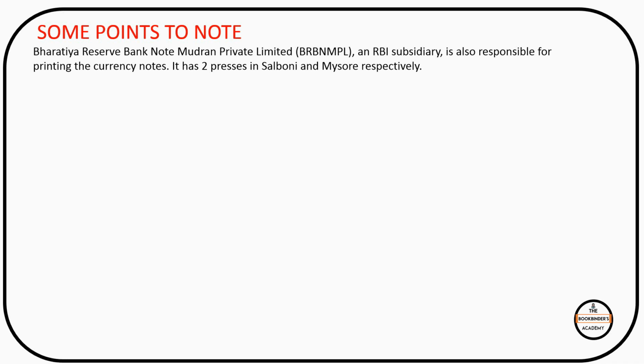One is Salboni and the other one in Mysore. So kindly remember this. I'll just underline the details that you need to remember: Salboni and Mysore, the two presses they have, and BRBNMPL. This is the company, this is the subsidiary. So kindly make sure you remember the name. In case a question ever arises, make sure you remember this name.